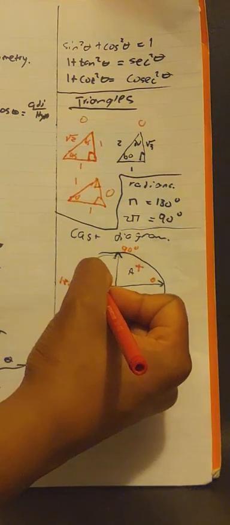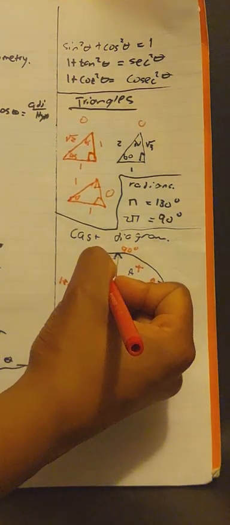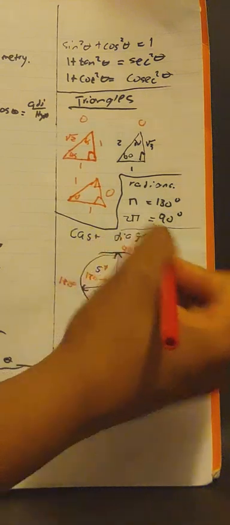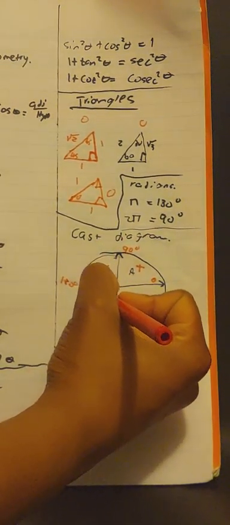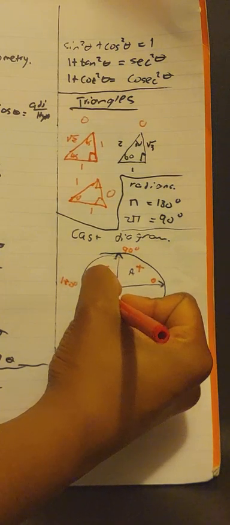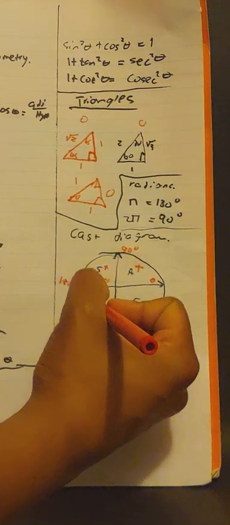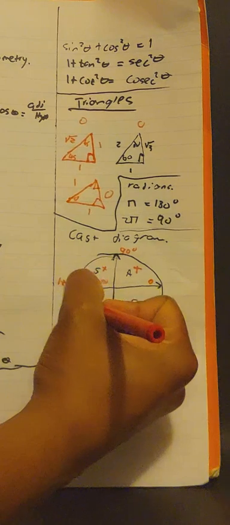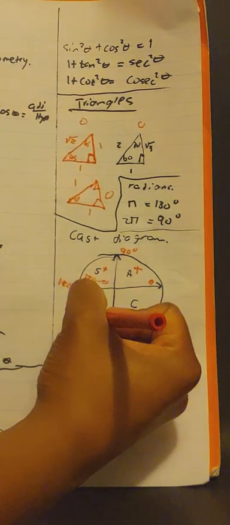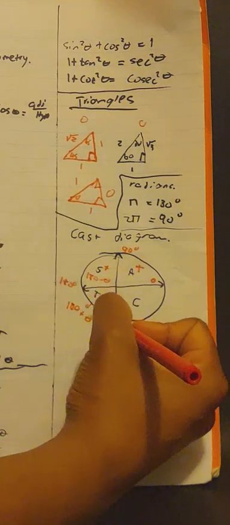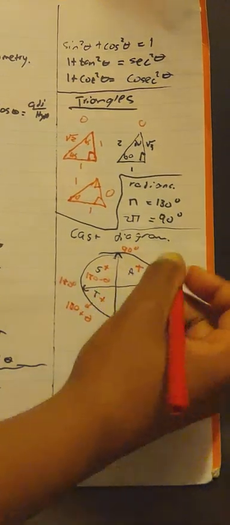On this side, sine is the only thing that is positive. And then here we have tangent, and only tan is positive. On this side we're going to say 180 degrees plus theta, between 180 and 270.